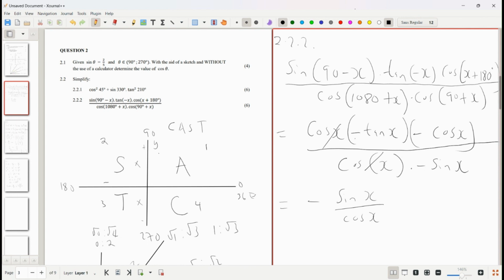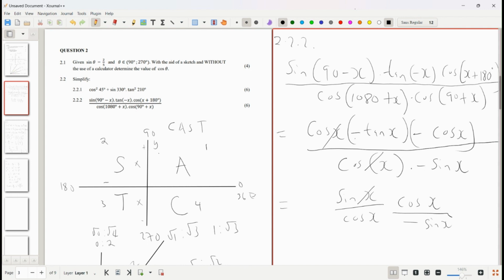This is negative times negative, it will be positive. We have cos x, divided by negative sine x, which is this one, right? So this is multiplying that here. What can we see here?